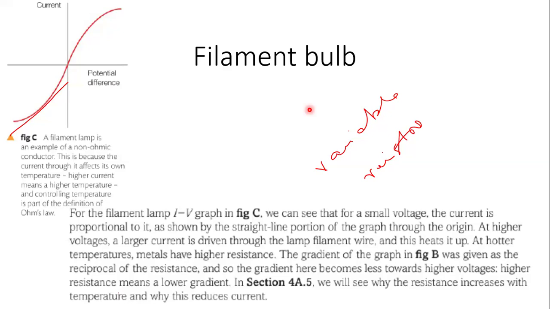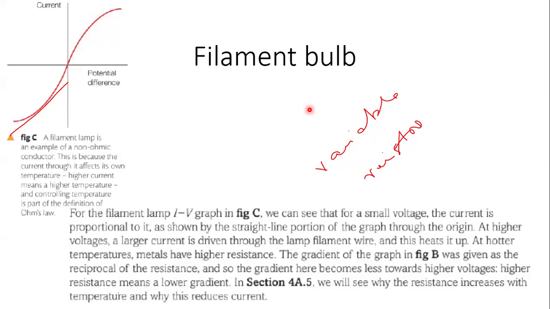Whenever we see a large current going through any appliance, there is always a risk of it heating up. So the filament bulb is going to heat up because of the large current passing through it, because current often turns into heat energy.